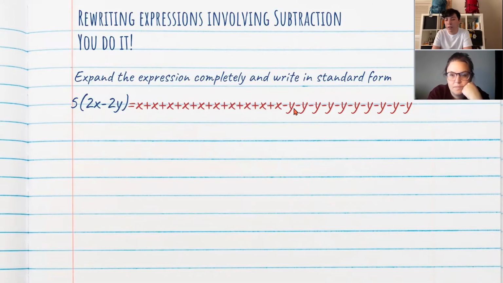And then you should have gotten minus y ten times, or just minus 10 y's. But if you were to simplify this or write this in standard form, which is so much better than writing this completely expanded expression, it is the same thing as 10x minus 10y.